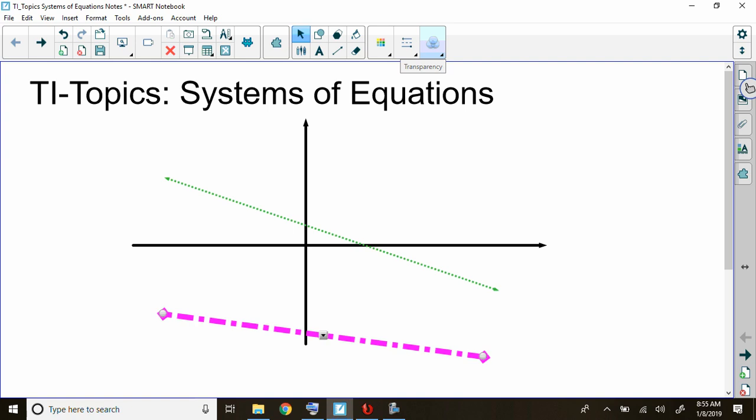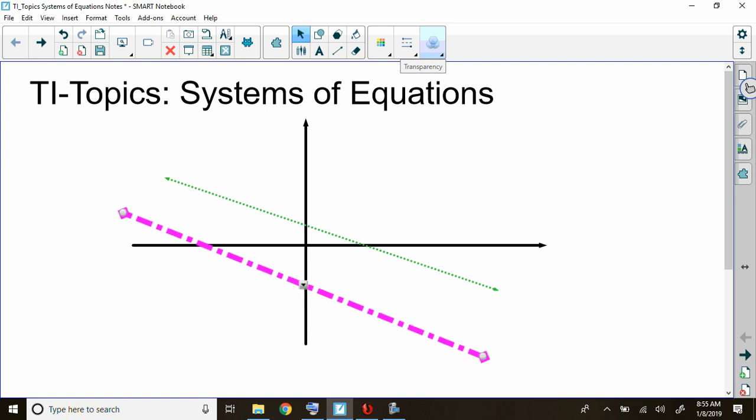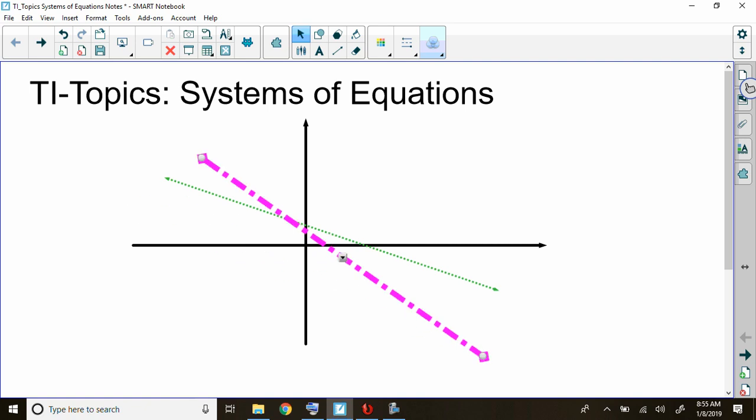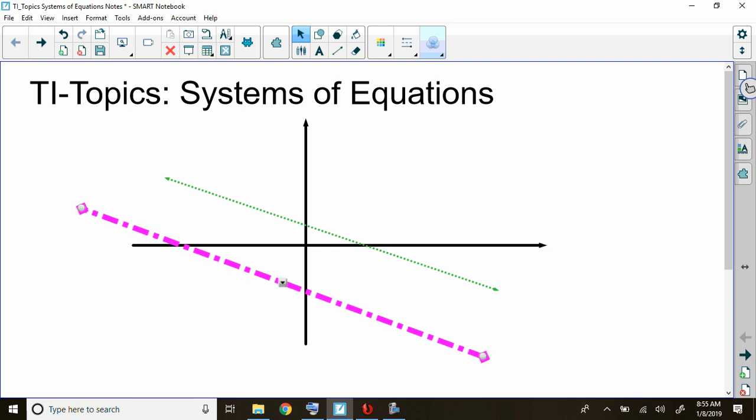What do we say if the lines don't meet? If the lines meet, there is a solution. If the lines don't meet, there's no solution. That makes sense? And sometimes lines are the same line, and there's a special way to represent if we have two lines that happen to be the same line in disguise, and we'll talk about that.